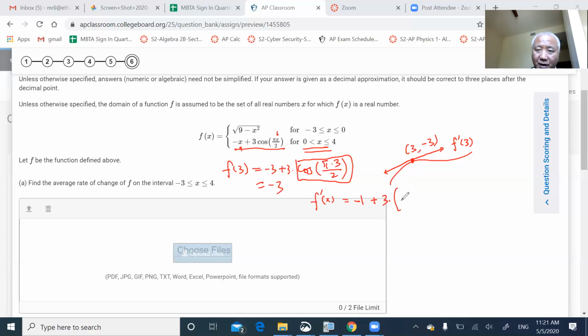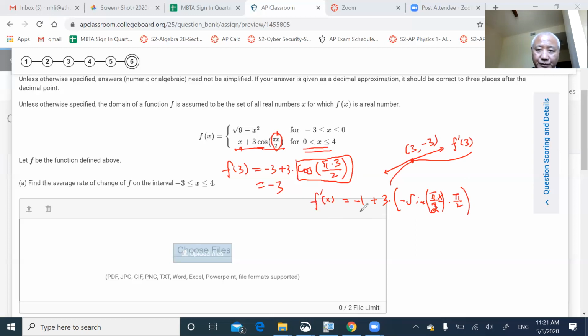And then you're going to have negative sine of pi over 2 x. This is just the derivative of cosine; you get negative sine of this, right? And then use the chain rule: the derivative of the inside is pi over 2.